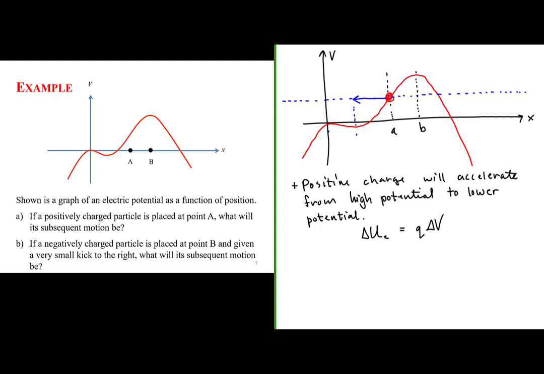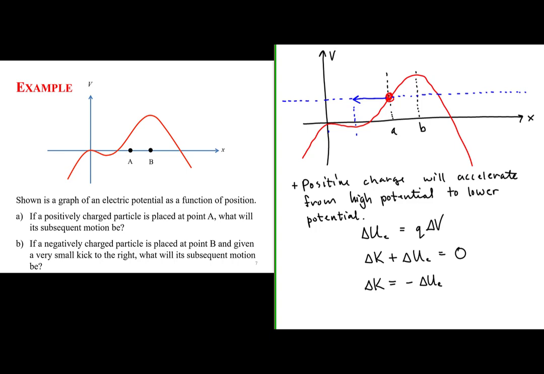And we know that from conservation of energy, the change of kinetic energy plus the change of potential energy in the absence of any other external forces is equal to 0. This means that as we lose potential energy, we gain kinetic energy. And as we gain kinetic energy, we lose potential energy.